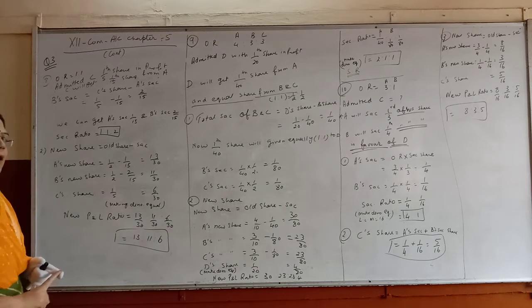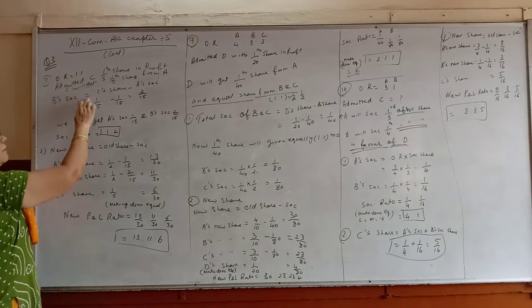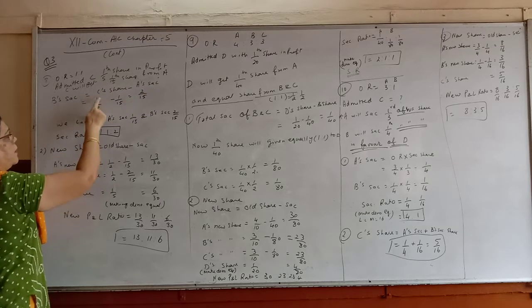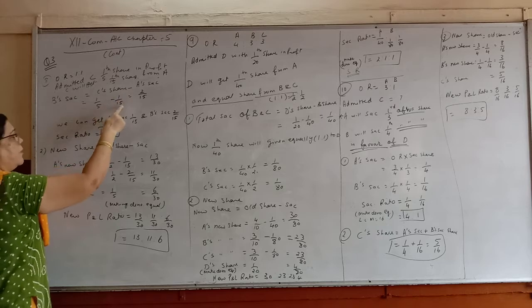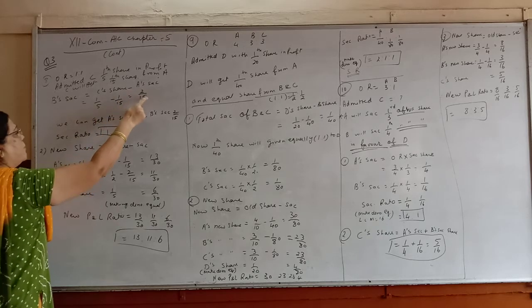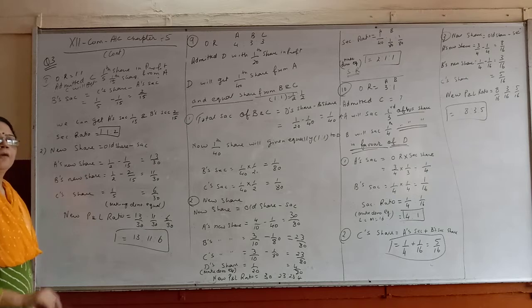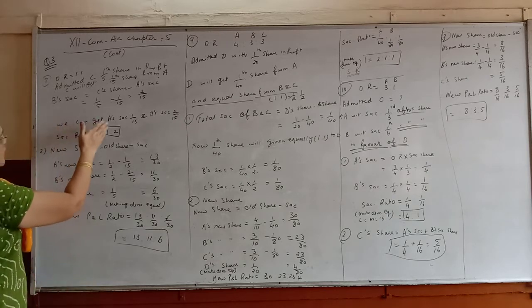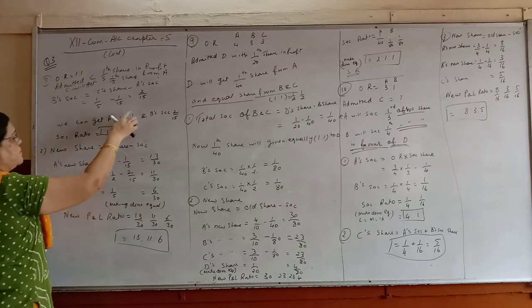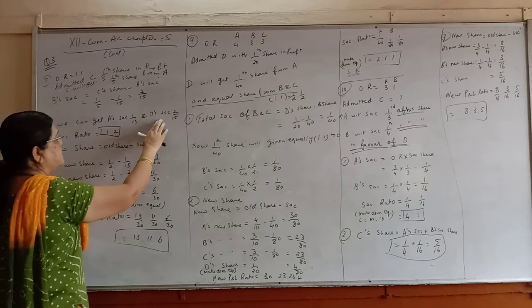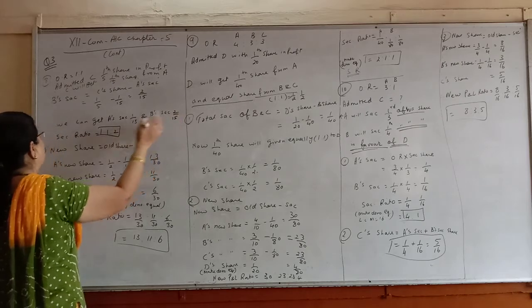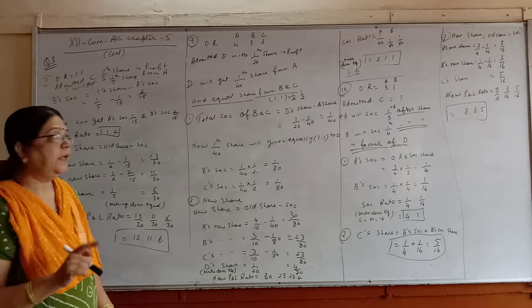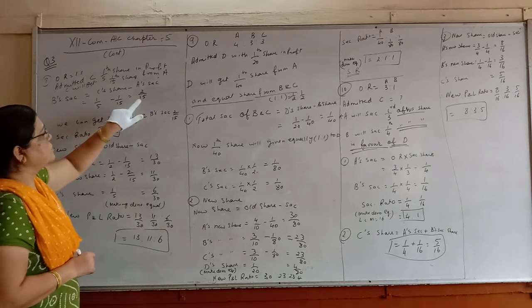So how will we find out? B's sacrifice is equal to C's share minus A's sacrifice. So 1/5 minus 1/15 gives you 2/15. This 2/15 is B's sacrifice. So A's sacrifice is 1/15 and B's sacrifice is 2/15. Therefore the sacrifice ratio is 1:2.